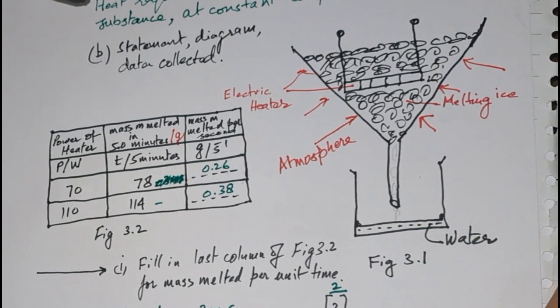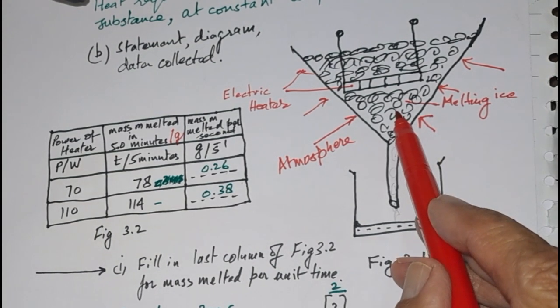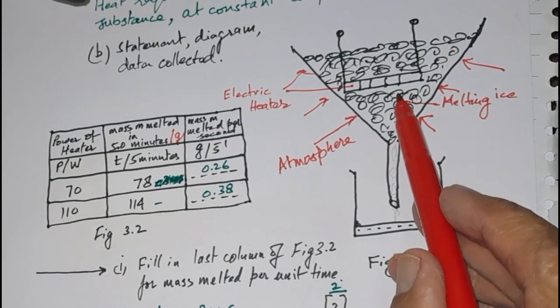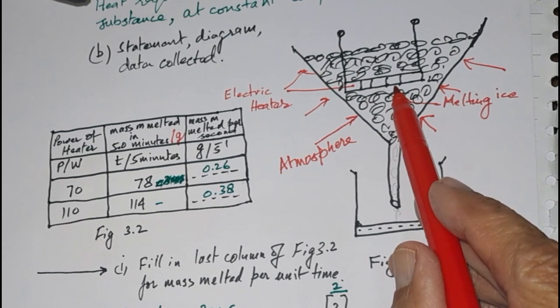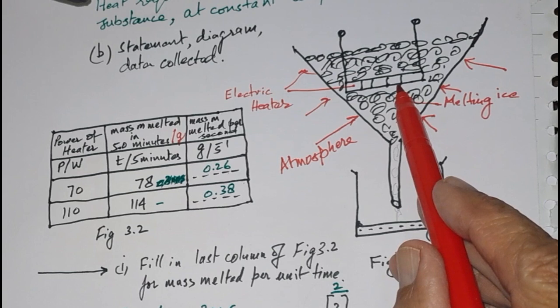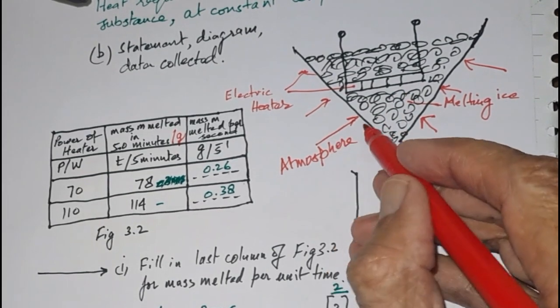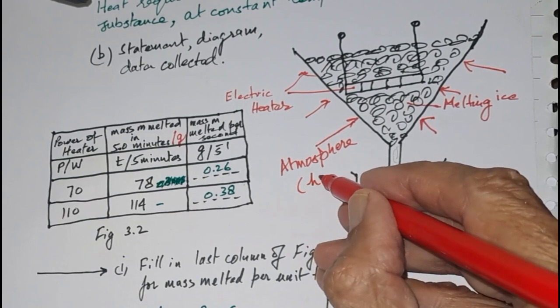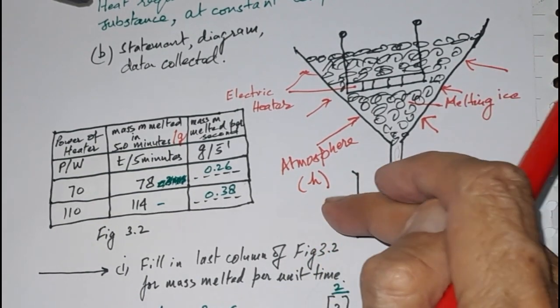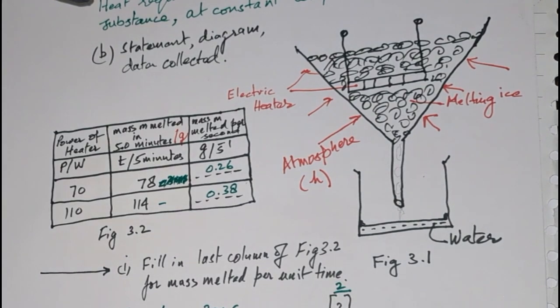So we have to keep in mind that ice is gaining heat from atmosphere, and when the heater is switched on, it will also gain heat from the heater. So we have to keep in mind that heat gained from the atmosphere and consider this and put it in our value, otherwise our answer is going to be wrong.